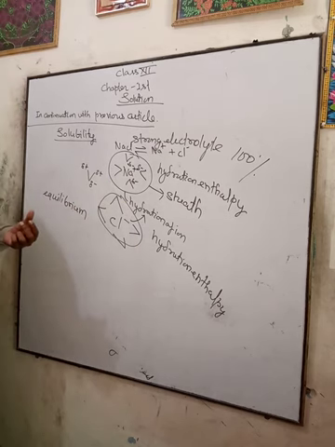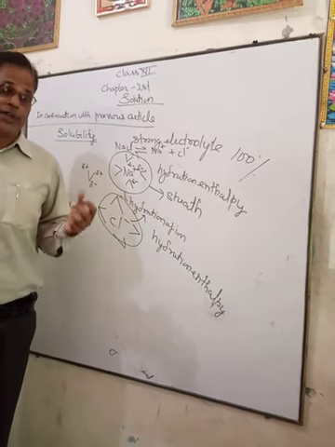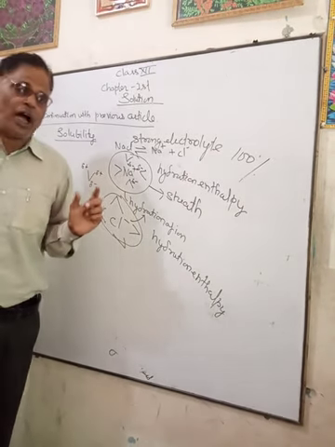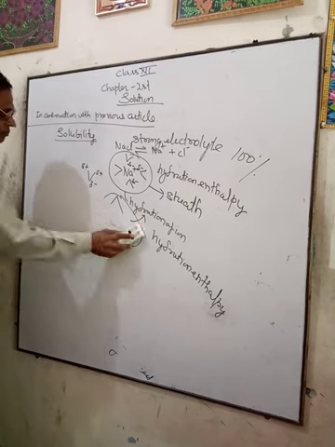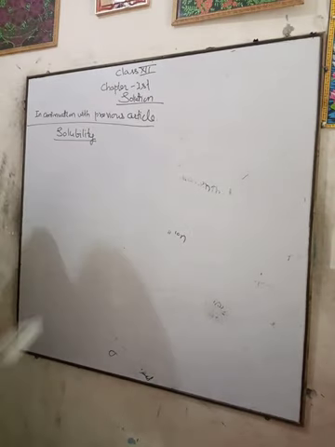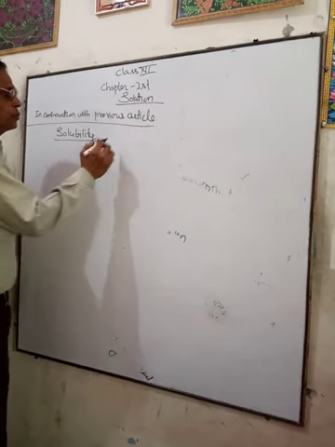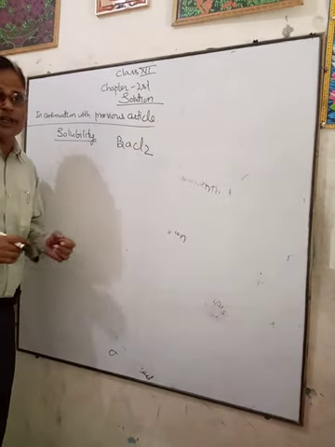So for that we have to take the solubility of a compound which is not completely ionic. I am changing the example here. Suppose we want to take BaCl2, barium chloride, which is not a 100% ionic compound.